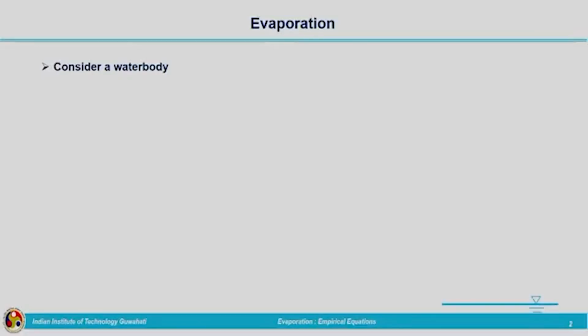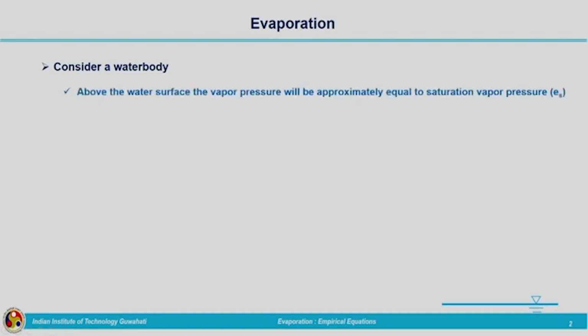Here also, we are going to consider a water body. This is the water surface, and from it evaporation is taking place in the upward direction. Above the water surface the vapor pressure is approximately equal to the saturation vapor pressure, because almost the entire air just above the surface will be filled with moisture.